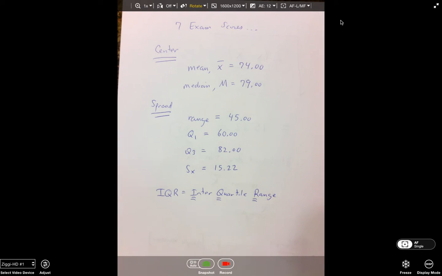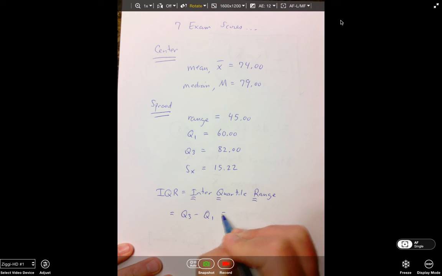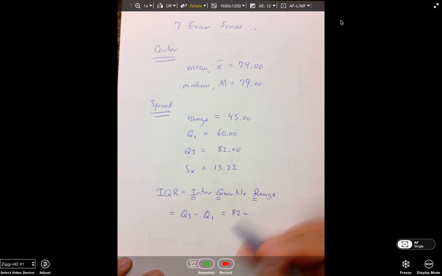What the interquartile range does, it's really easy to find, it gives us the difference between Q3 and Q1. Well, I see the Q3 is 82, and I see the Q1 is 60. So for this data set, the interquartile range would be 22.